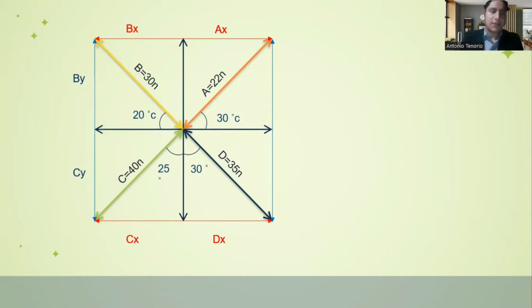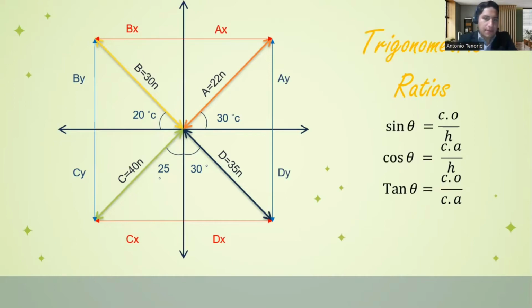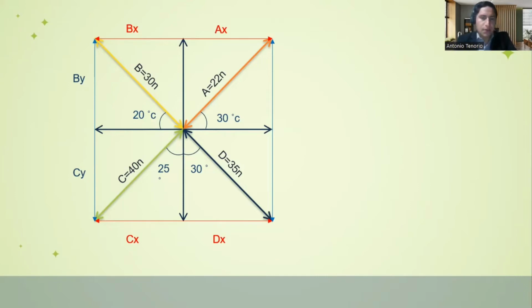This is the exercise. It is equal to the previous exercise, but I explain what we are going to do. For vector A, we need the formula: sine of the angle theta equals the opposite leg over the hypotenuse.